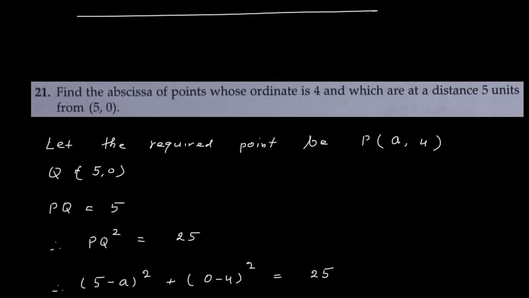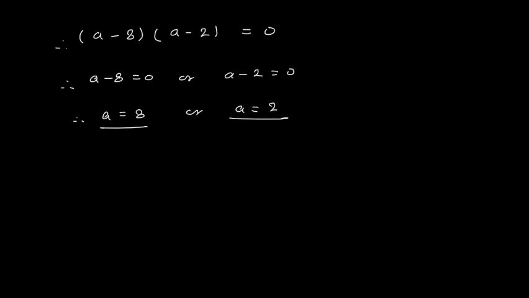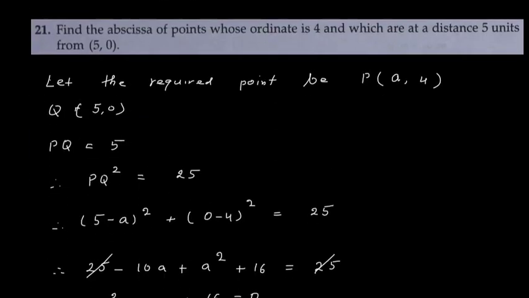So the required abscissa, the abscissa of the point whose ordinate is 4, is 8 or 2. Done. This is question 21.